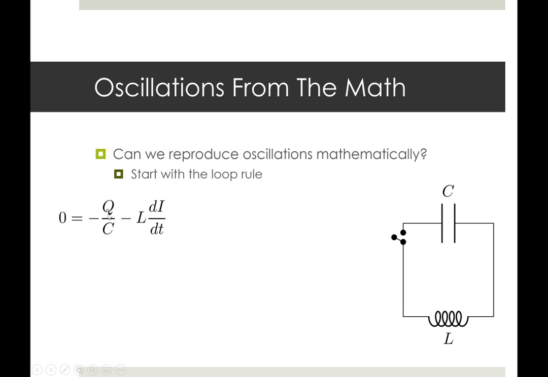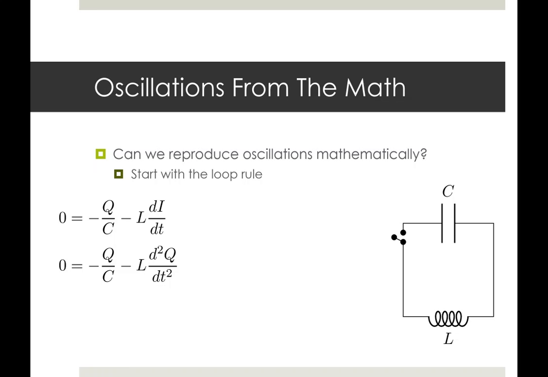And then plugging in Q over C and L times the derivative of current gets us this relationship from the loop rule. I could recognize that current is the derivative of charge, and taking the derivative of the derivative just gives us the second derivative. And now we wind up with a differential equation, again, nasty object, that involves Q and its second derivative.